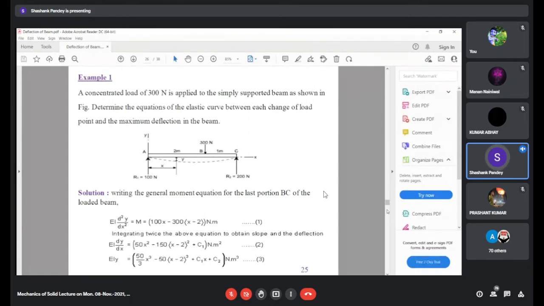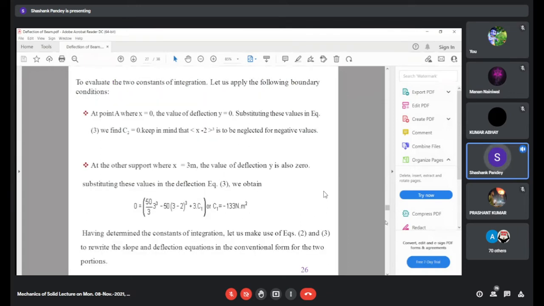One interesting thing is that at the point of maximum deflection, the slope is 0. That is, dy by dx is 0 at this point. Once you have dy by dx as 0 and you know the value of constant C1, we can determine the value of x, the distance at which the slope is 0.